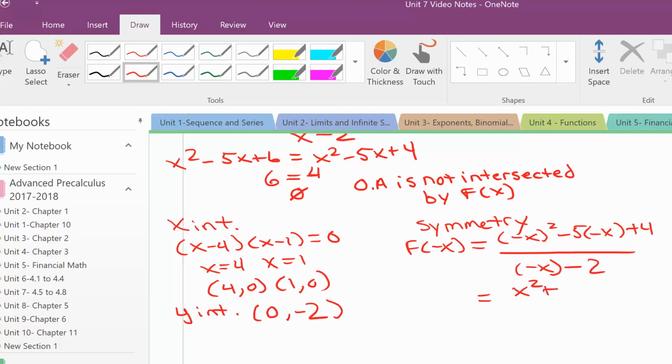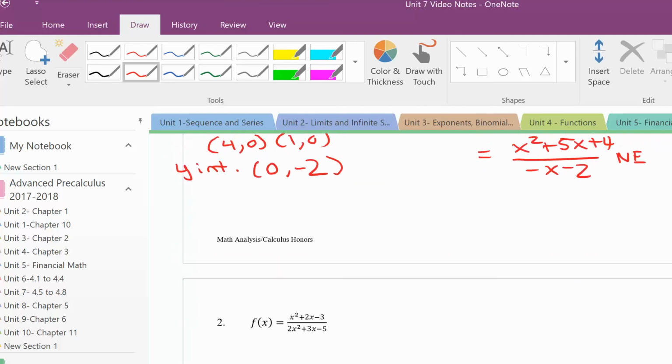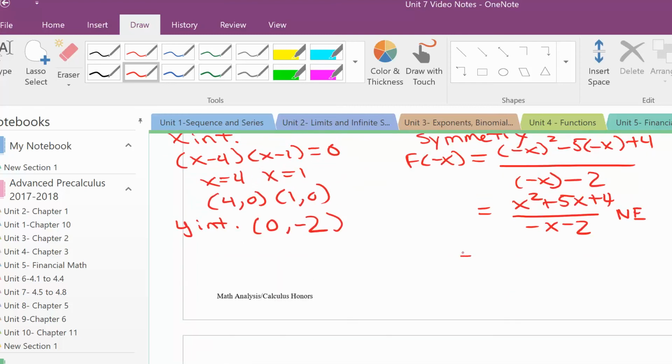Negative negative is positive. So therefore, this is not even. And then when you take out the negative sign, you can go x squared plus 5x plus 4, and then make this x plus 2. So that means it's not odd, which means there is no symmetry, because it's neither.